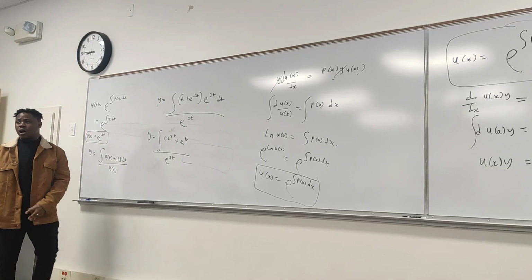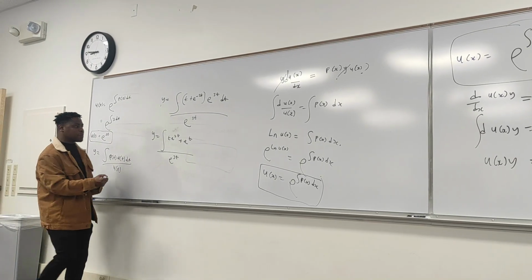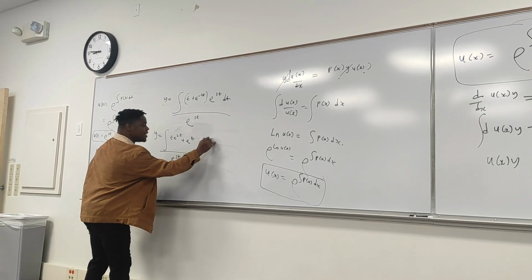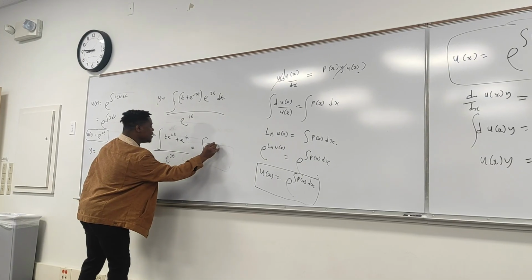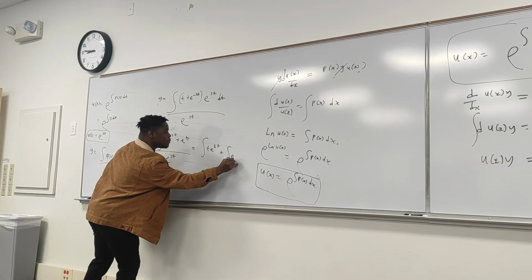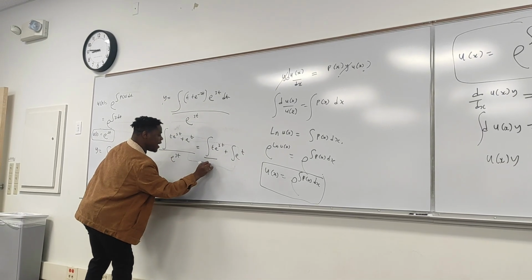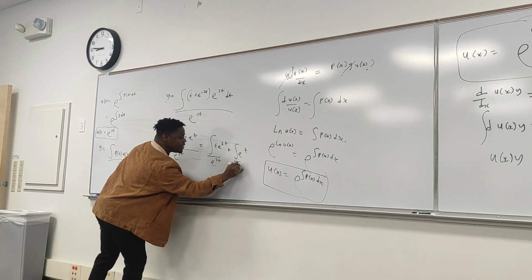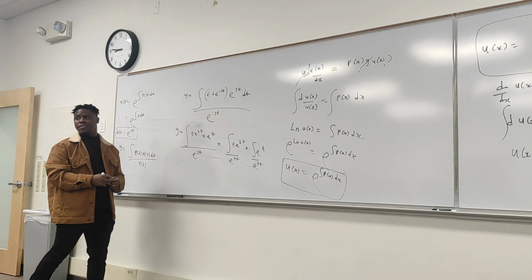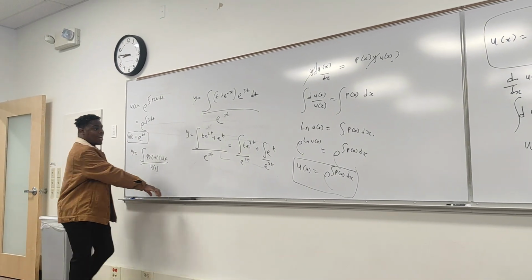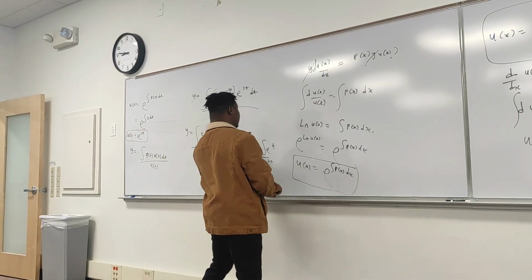Now let's go back to our integral table. Let's split this. If you split this, it's the same thing as saying integral t exponential 3t plus integral exponential t divided by E 3t. Do you agree with me? Yeah. Okay. Now, you go to the integral table and do this for me.